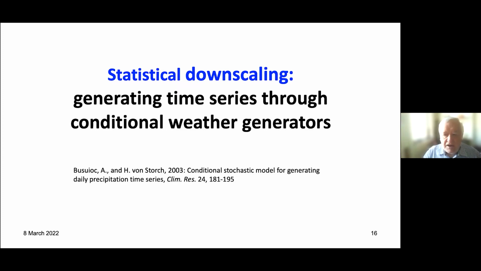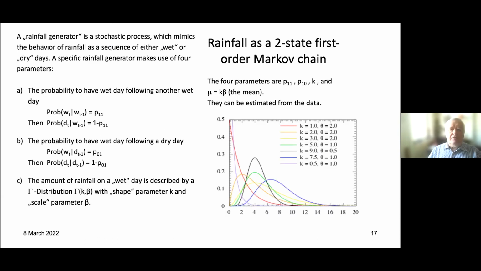Another case I have here is using a conditional weather generator. This is work which I did with Aristida Buzuia from Romania, almost 20 years ago. What we did here is a rainfall generator, a stochastic process which mimics the behavior of rainfall as a sequence of either wet or dry days.